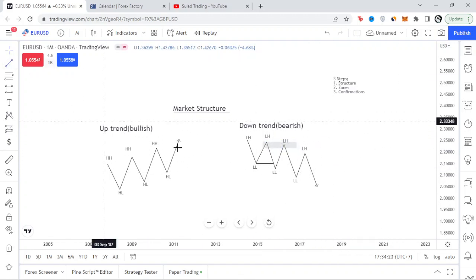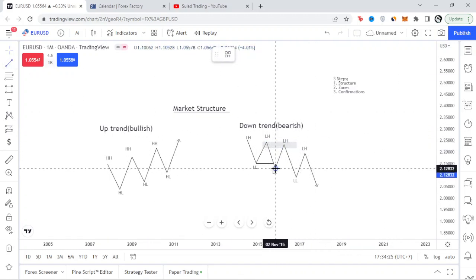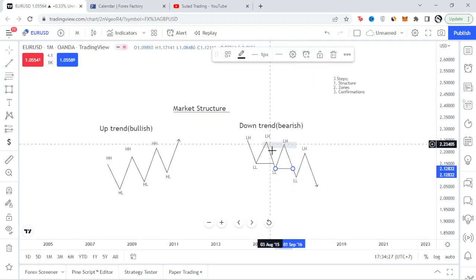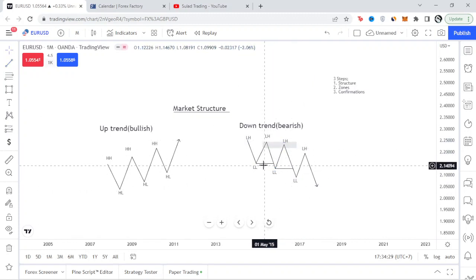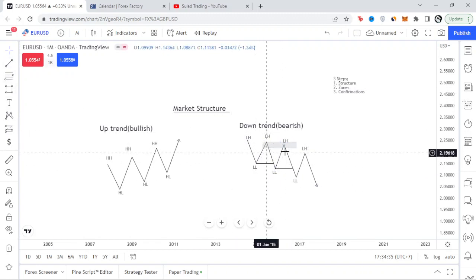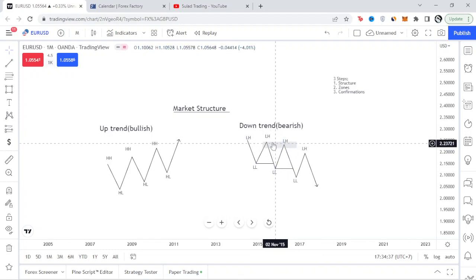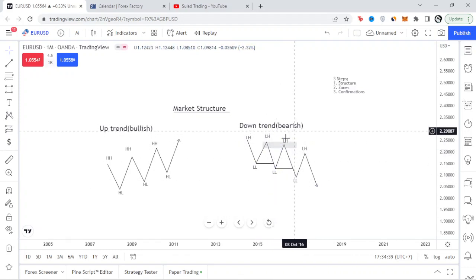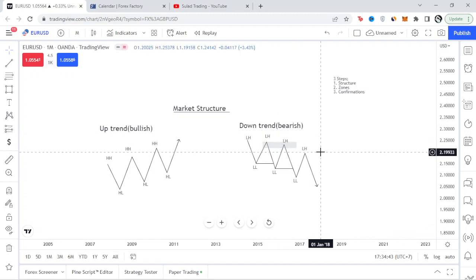And if you're trying to target, for starters, your target should be the next liquidity point that took out the previous low, also giving us a deep retracement into the previous lower high that is still waiting to be mitigated.